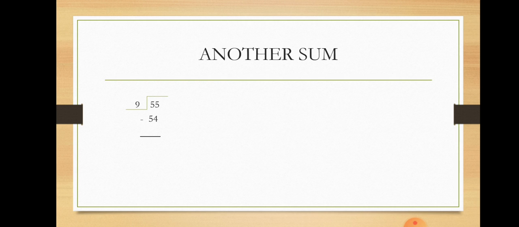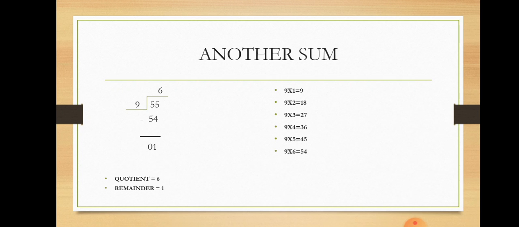Now our another sum is 55 divided by 9. Now you will say the table of 9. 9 ones are 9, 9 twos are 18, 9 threes are 27, 9 fours are 36, 9 fives are 45, 9 sixes are 54, 9 sevens are 63, 9 eights are 72, 9 nines are 81, 9 tens are 90.